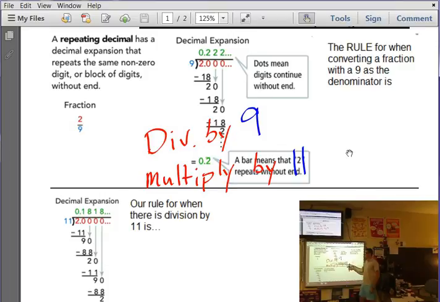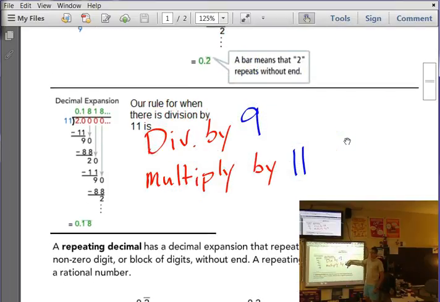So if I divide by 9, I can multiply the numerator by 11, or if I divide by 11, I multiply the numerator by 9. These flip-flop, and the rule works either way.